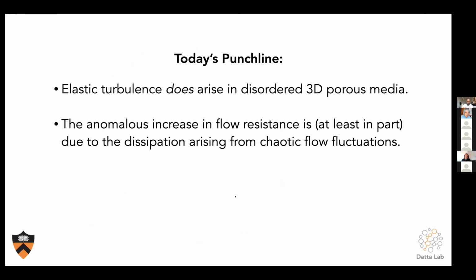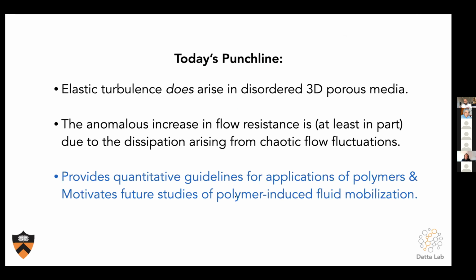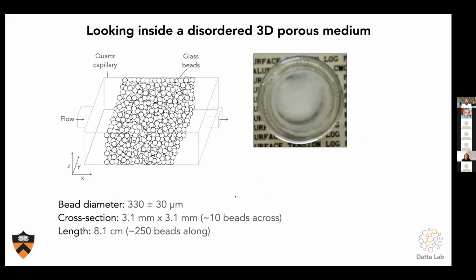And we were able to show that by mapping out the flow behavior, these chaotic flow fluctuations give rise to increased viscous dissipation, which explains why the macroscopic flow resistance anomalously increases. And using these insights, we've actually been able to come up with quantitative guidelines for predicting what the apparent viscosity of a polymer solution is inside a porous medium. And so how do we do this?